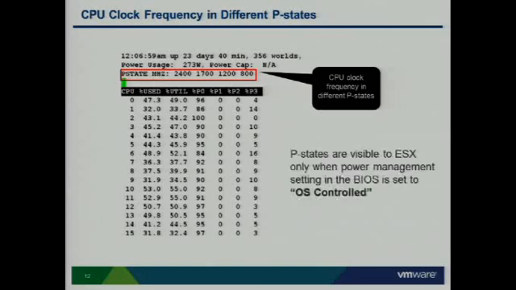The P states will be visible only if you set the power management setting in the BIOS to be OS controlled. Basically, this means the BIOS will expose the processor P states to the operating system, and only then can we show this information. I'm going to talk about this in detail in the later slides.